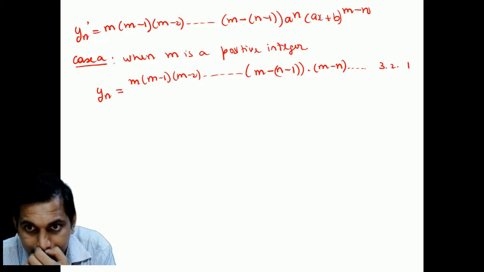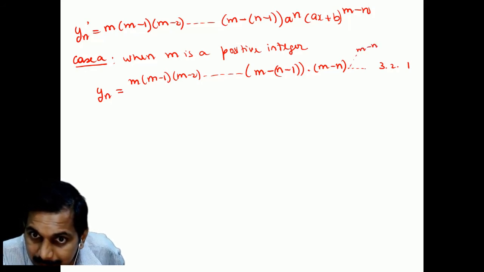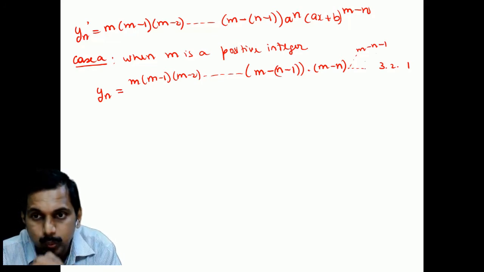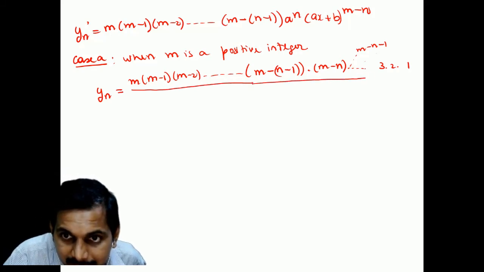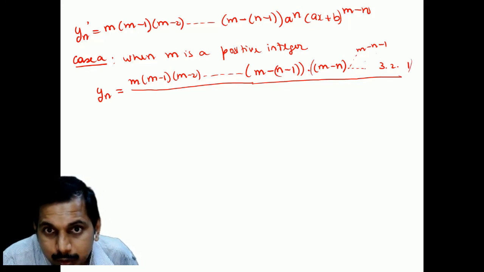It would be m minus n minus 1, then m minus n minus 2, up till 3 2 1 we will go. Divided by, see, this particular portion was not there here, it was only till here, so we have to add that portion.